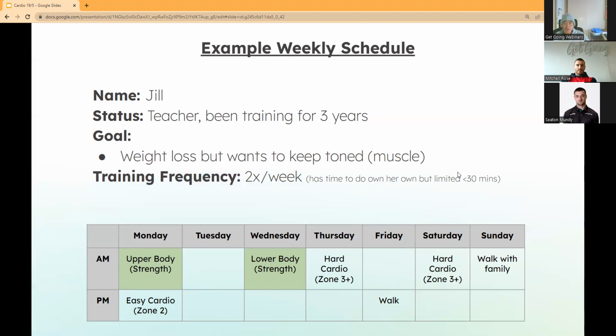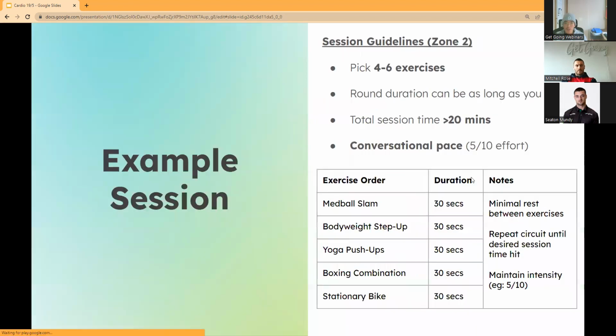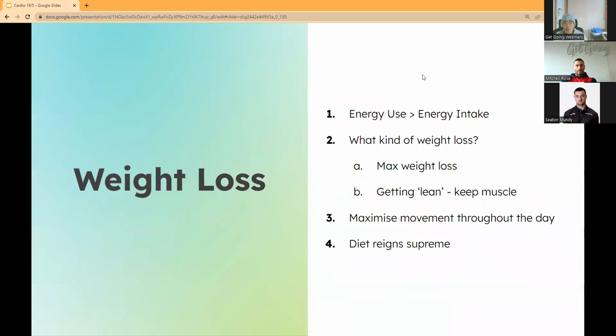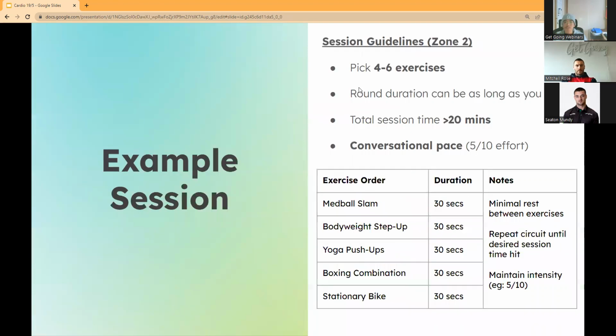And because she has limited time, under 30 minutes, this is where we can start to consider putting in more intense cardio methods in order to burn as much energy as we can. If she wants to lose weight, we need to increase her energy use.